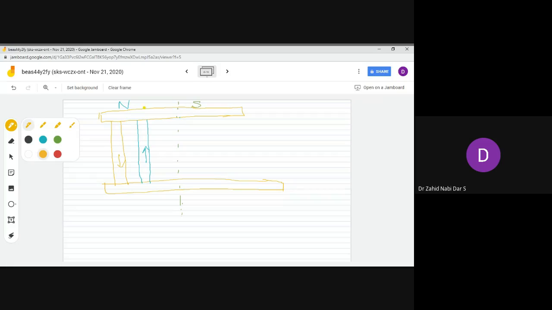So one side it is entering, another side it is again. Let's draw this. So this is entering, and the other side this is leaving. Same thing you can do this side also.